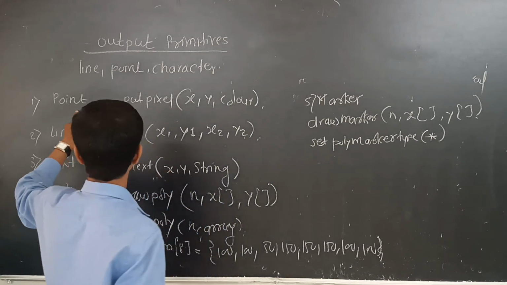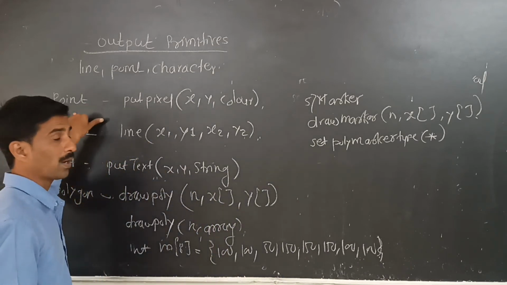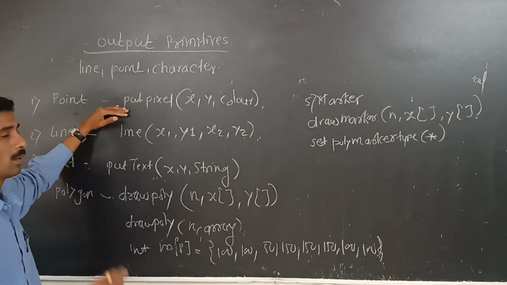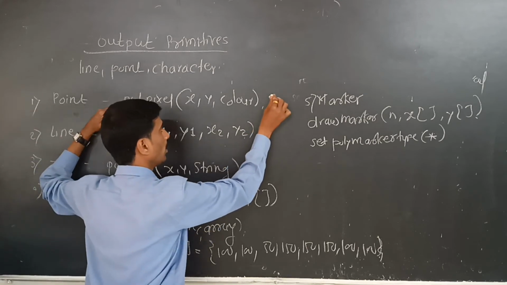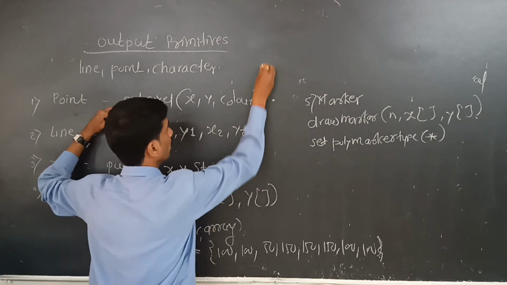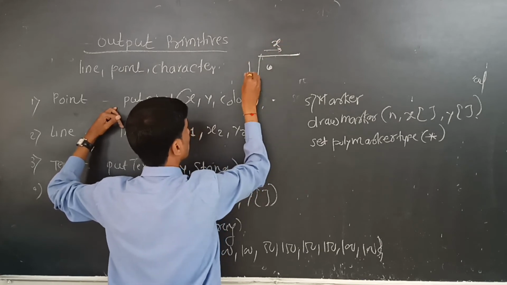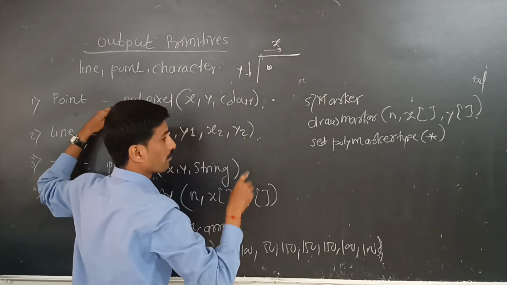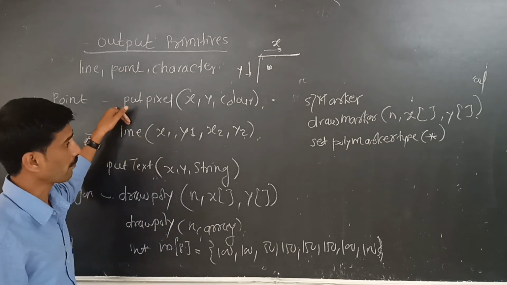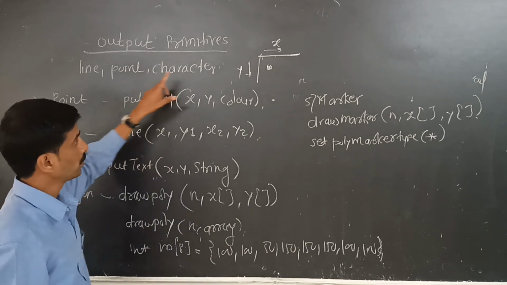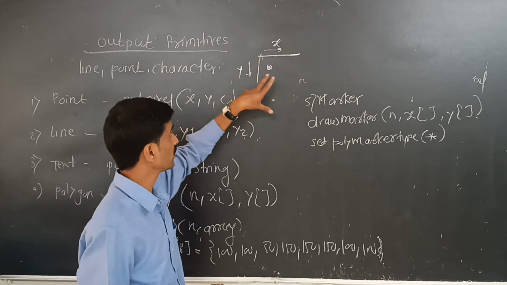First, the point. If I want to draw a point in the graphics system, the coordinate system is like this.